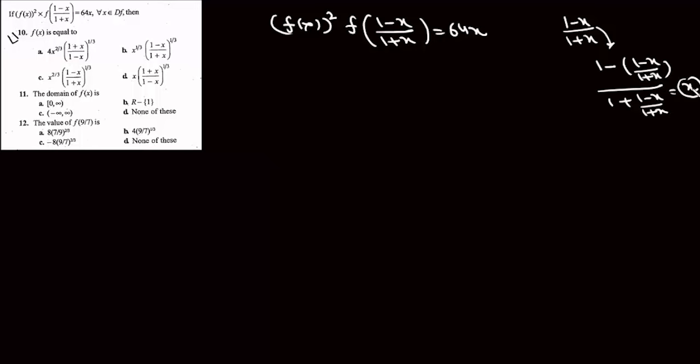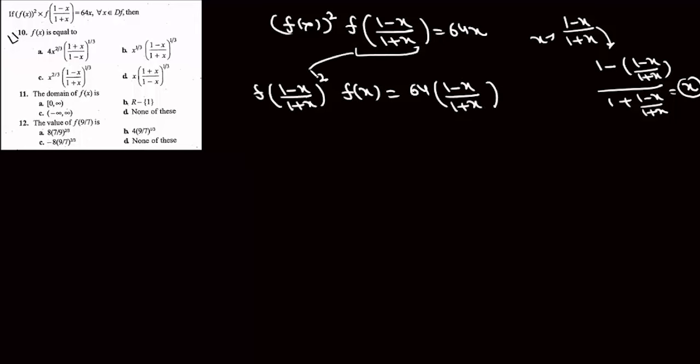It will be simply x. So here we'll replace x with (1 minus x) upon (1 plus x). So we'll get this as f((1 minus x) upon (1 plus x)) whole square, and it'll be this f(x), and this is 64 (1 minus x) upon (1 plus x).